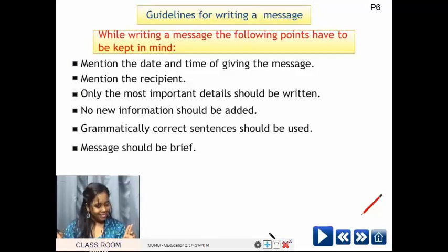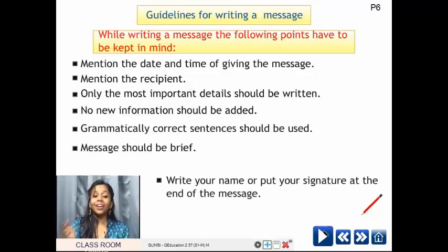Okay? And next comes, write your name or put your signature at the end of the message. So, whoever is writing the message will have to sign it or give his name at the end of the message.